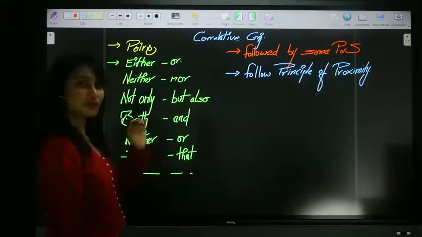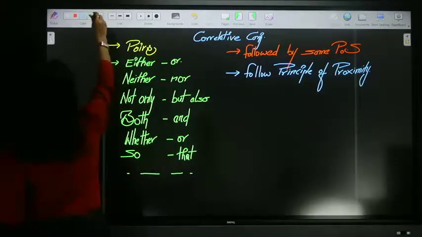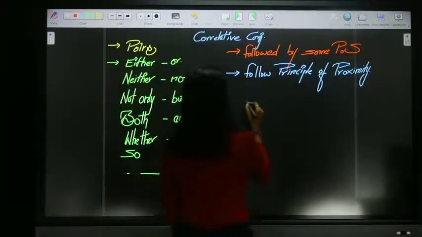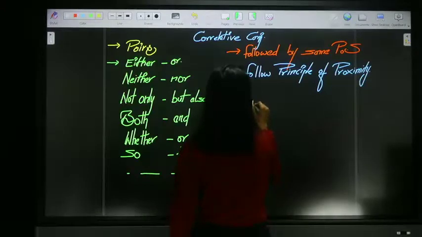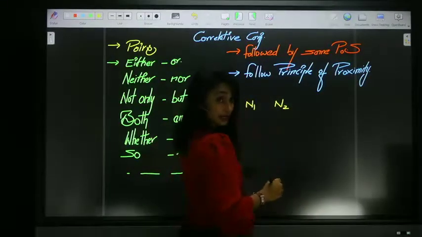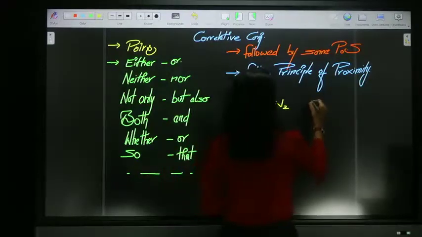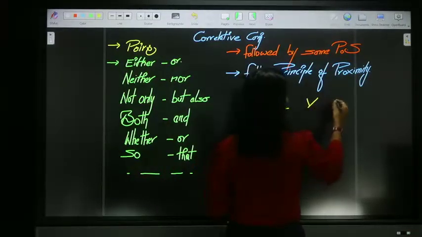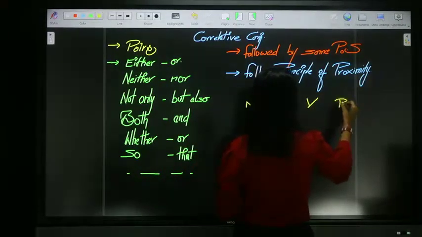So what is this principle of proximity? Let me tell you. When two nouns, let us call noun 1 and noun 2, are connected by these correlative conjunctions, what should be the verb and what should be the pronoun?